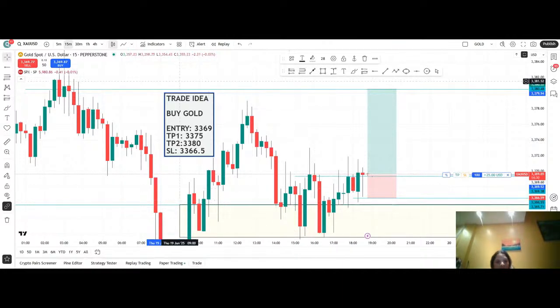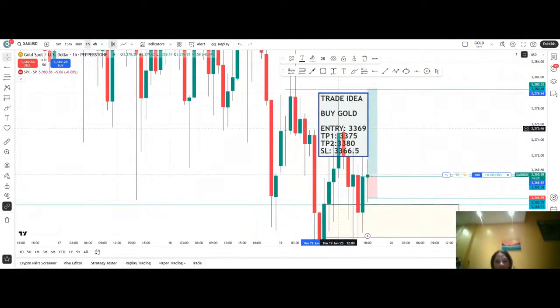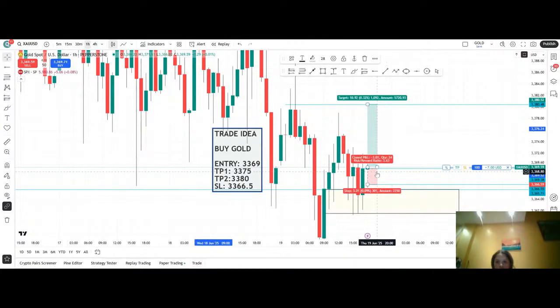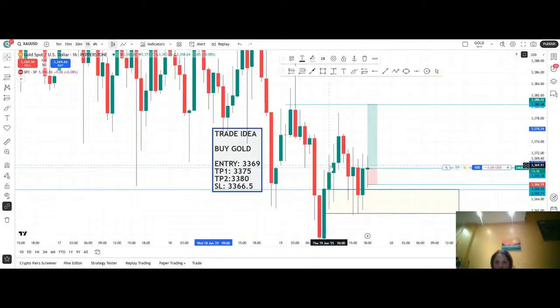But I'm still waiting on the 1 hour. In 14 minutes, this 1 hour candle will close. So I need price to close above this. This 1 hour candle needs to be bullish for price to continue going up. Hence, I have my first TP at 3375 right here at the next high, and the TP2 is at 3380, all up there.